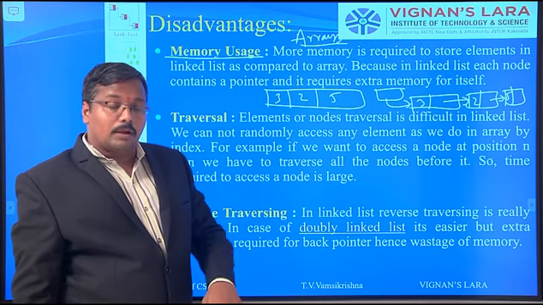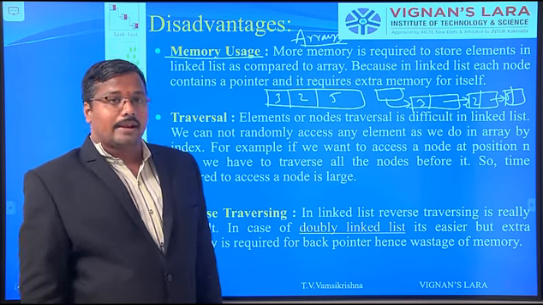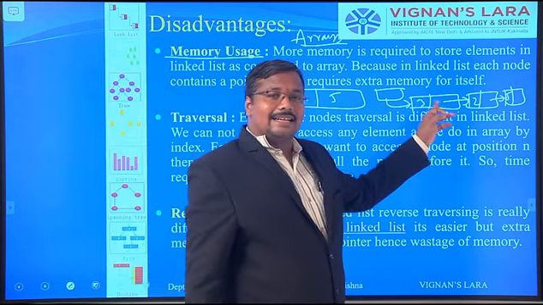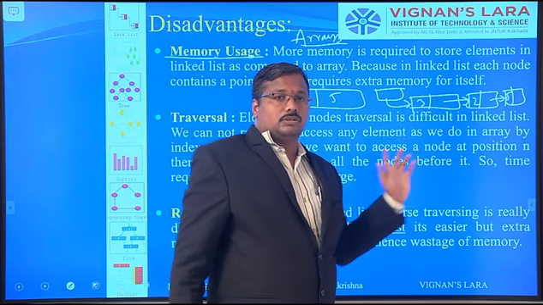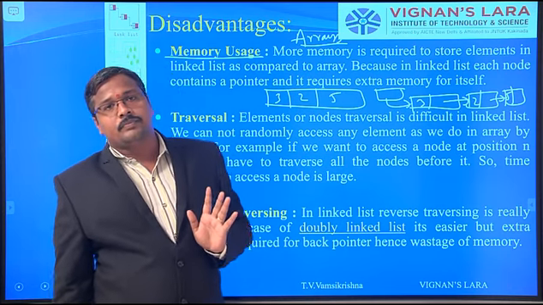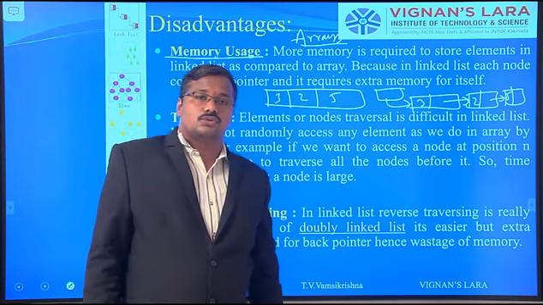Why does the memory increase compared to an array? Here data is there, and in addition to that, each and every node consists of the address of the next node. So each and every node has one extra space for an address. By using that address only, we are navigating to the next node.